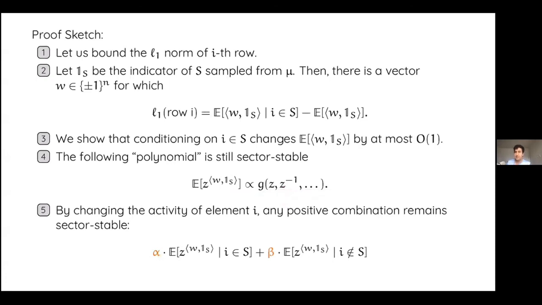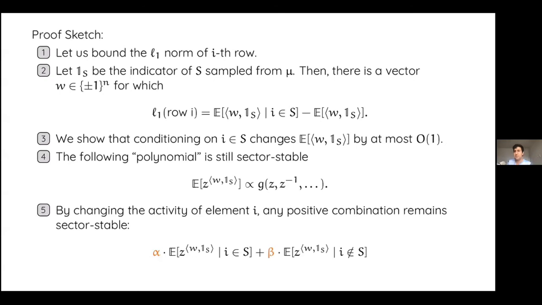And because sectors are closed under taking inverses, if you started with a sector stable polynomial, the thing you get at the end would still be sector stable. So you get a univariate polynomial that's sector stable. You can even get various different univariate polynomials that are still sector stable.